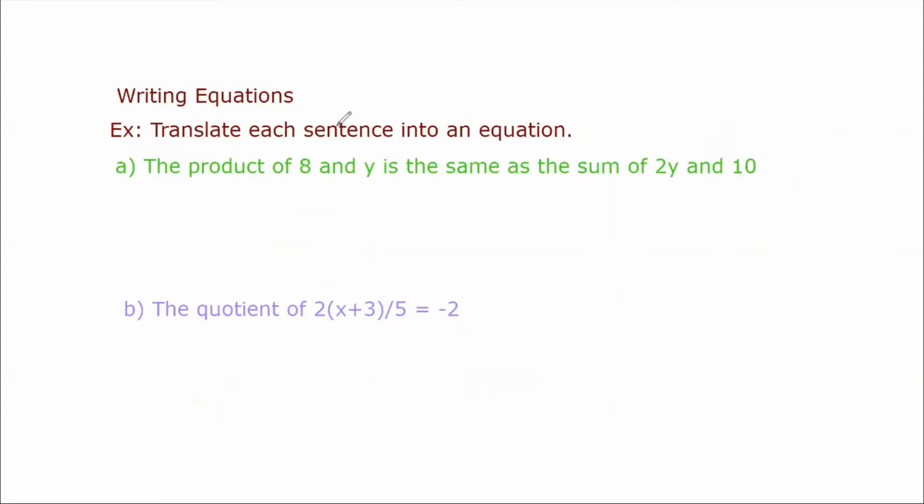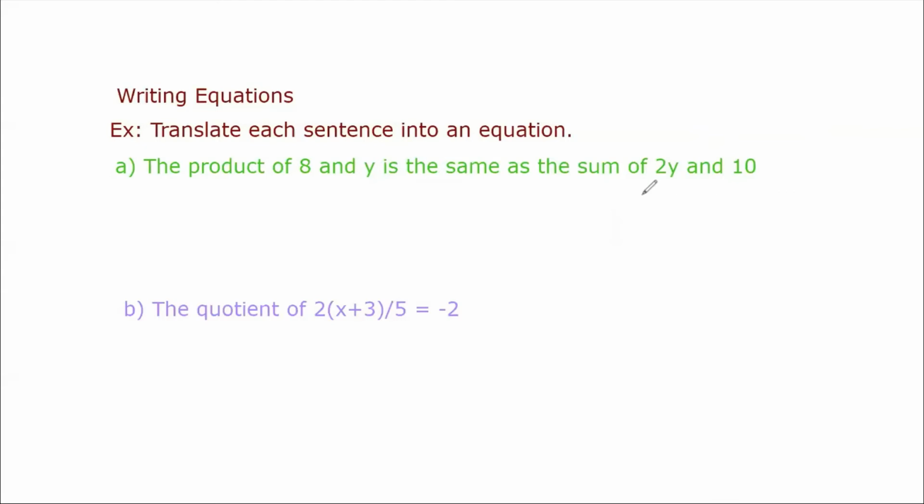Next one, writing equations. Okay, that means we just interpret each sentence into equations. Okay, for example, question A. The product of 8 and y is the same as the sum of 2y and 10.